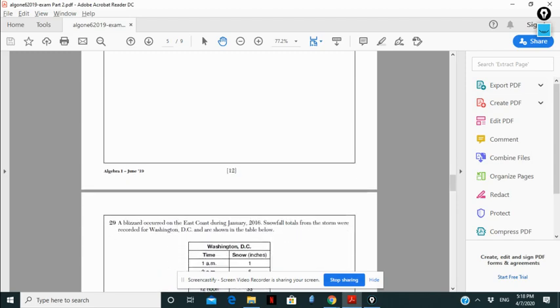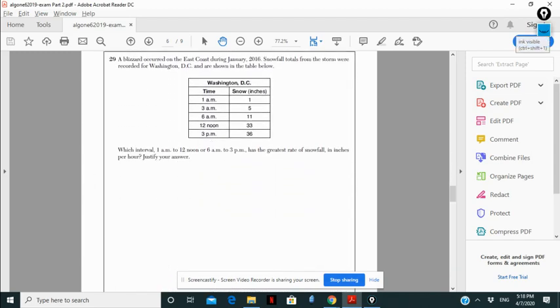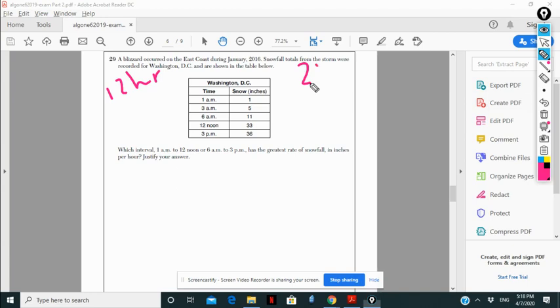Question number 29. Now, the trick here, this is 12-hour system. I have to convert it to 24-hour system. So what does it mean? This hour is 15 on the 24-hour clock.